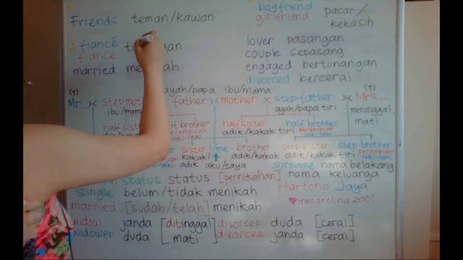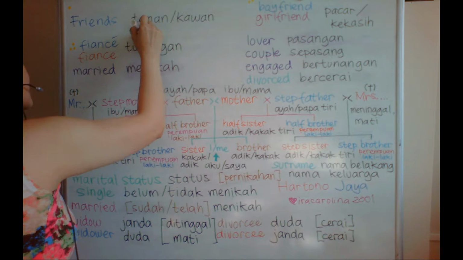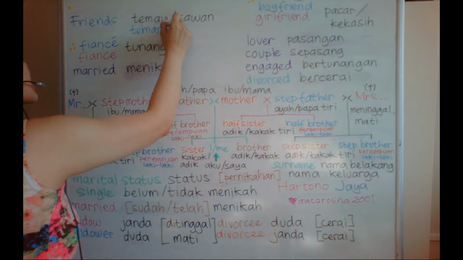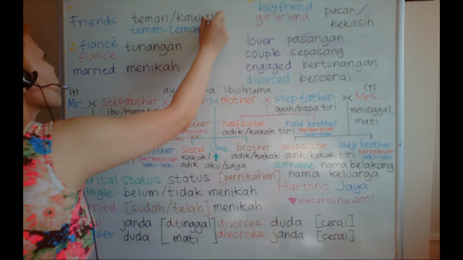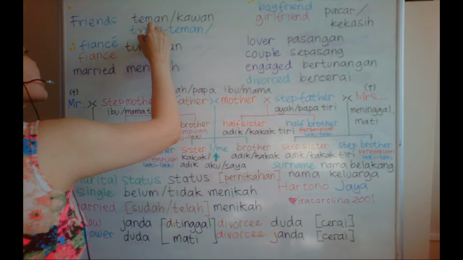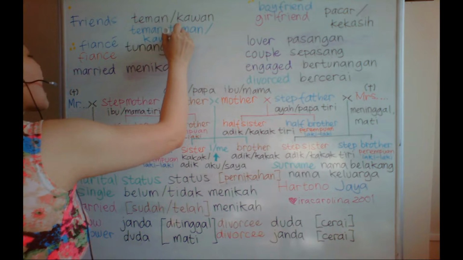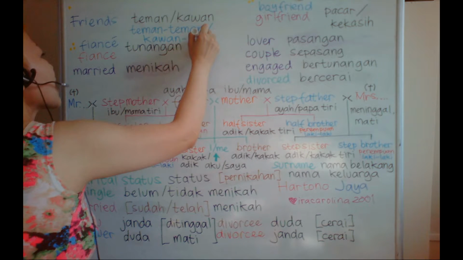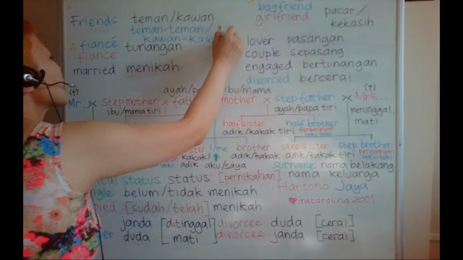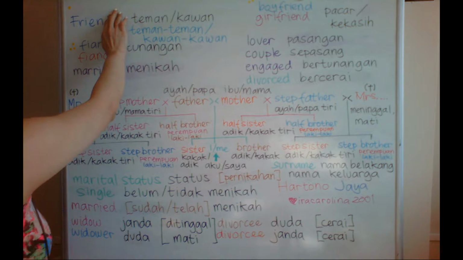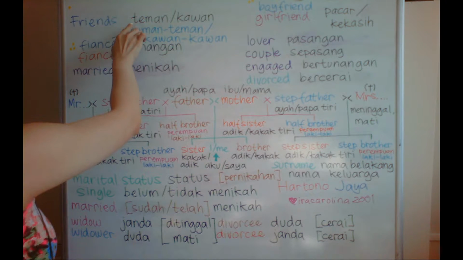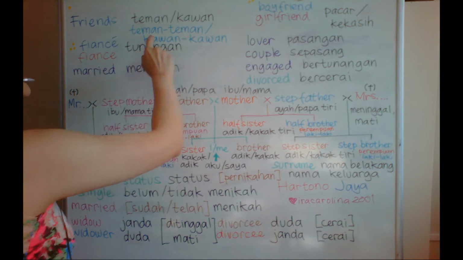Friends is teman, stripe teman, or kawan, stripe kawan. If you say friend, teman, or kawan.